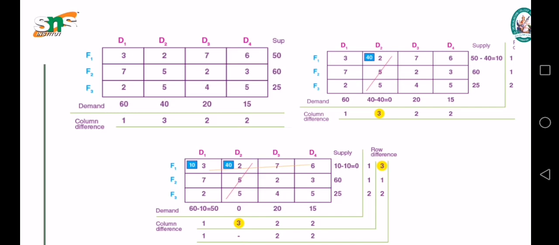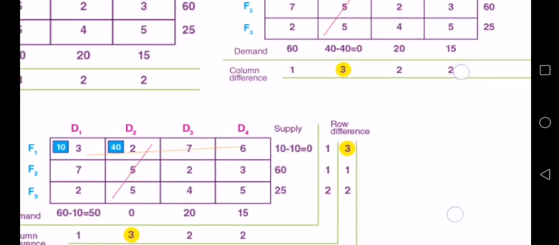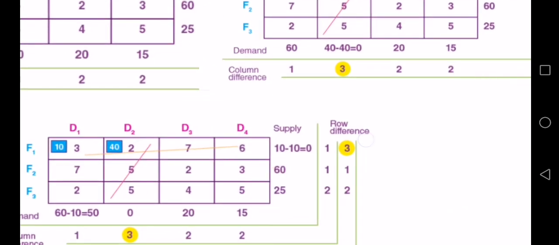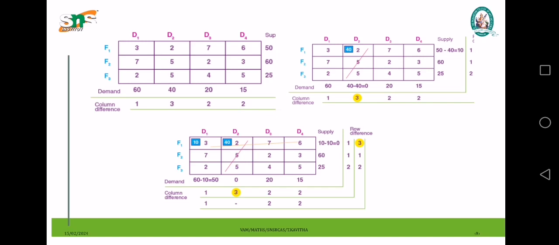Now we get the highest difference as 3. The 3 is in column difference D2. We take the column D2.